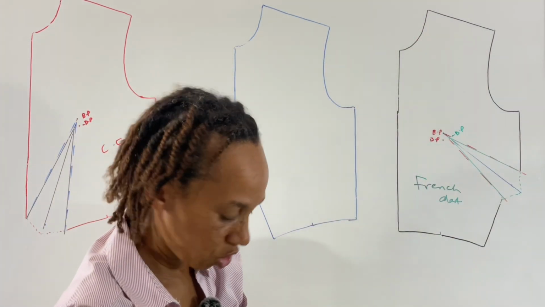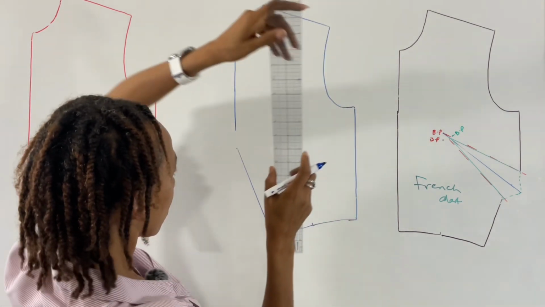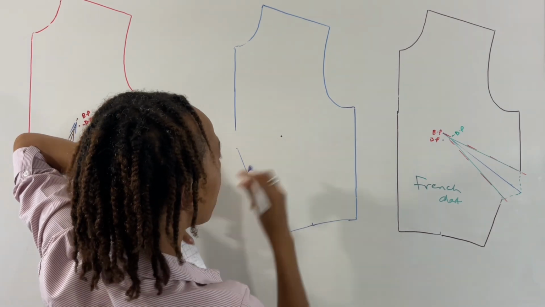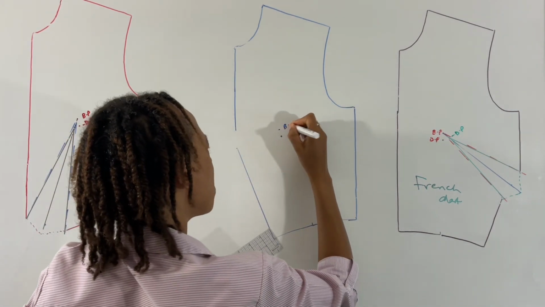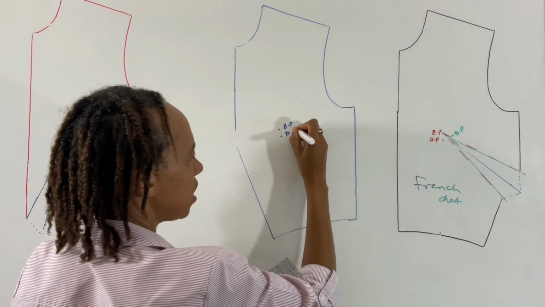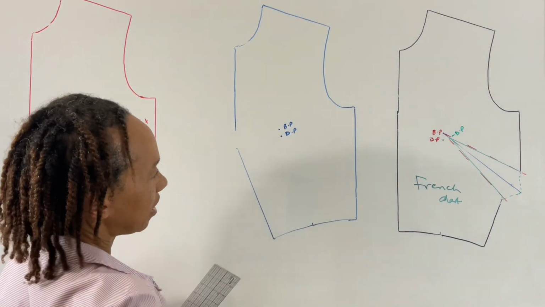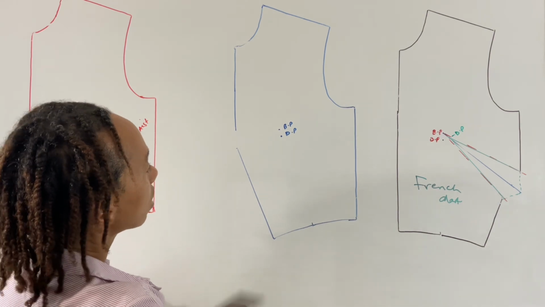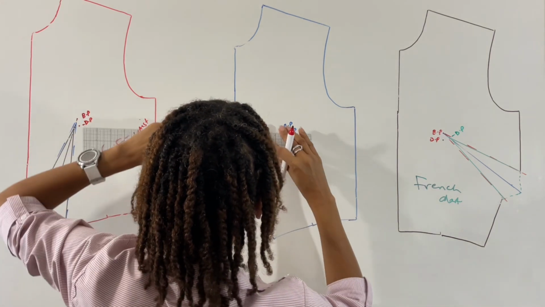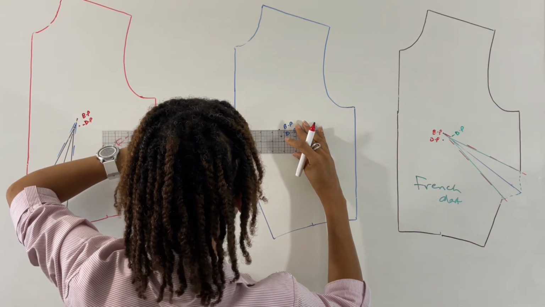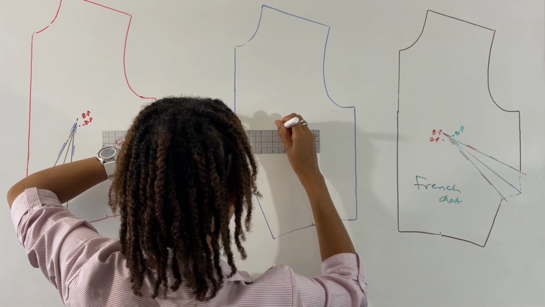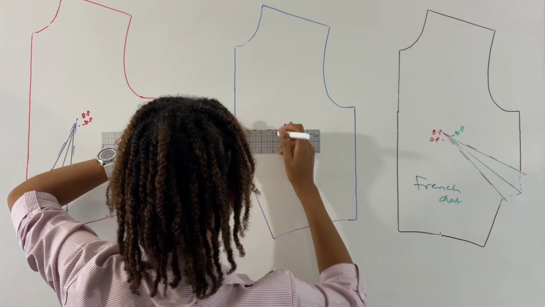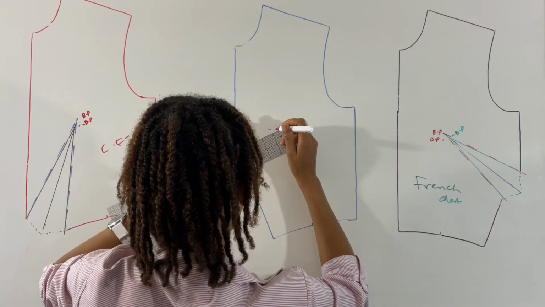All right, so this is what it's going to look like. Now you're going to measure what we have here. So this is the mark right there. This is your BP, this is your DP. Once you do that, the next thing you're going to do is connect to here. You use the dashed line or dotted line for this. Connect the other end.